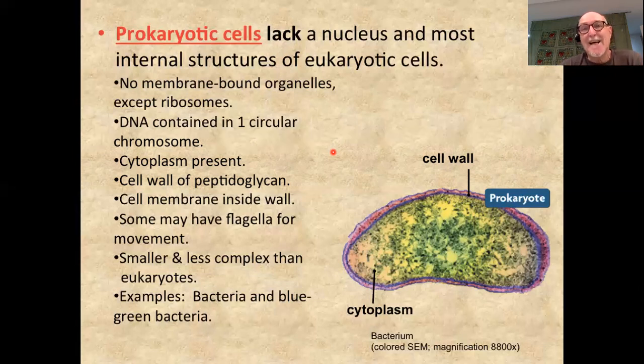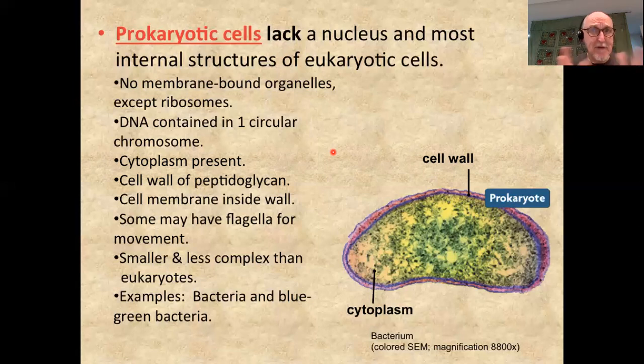The cell wall lies outside, and in prokaryotes it contains a substance that is called peptidoglycan. It's a very, very strong substance. It's a polymer, and it's used to make a mesh-like cell wall that surrounds the cell on the outside of the cell membrane.